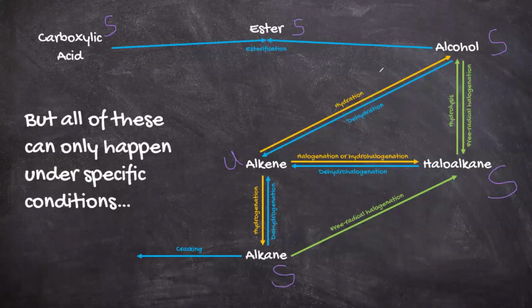When we go from an alkene to an alcohol, this is an addition reaction, and it's called a hydration type addition reaction. If you're going backwards, it's a dehydration reaction. So you'll see that often an addition reaction is paired up with an elimination reaction going the other way.